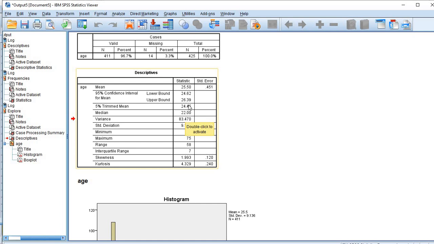Outliers are abnormal observations in the distribution. So the 5% trimmed mean is the mean when 5% of the values from the bottom and the top are excluded. And it is very useful.